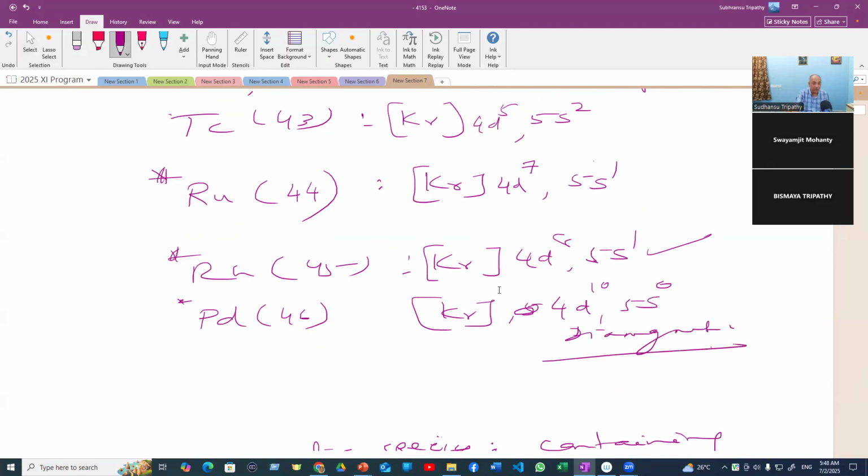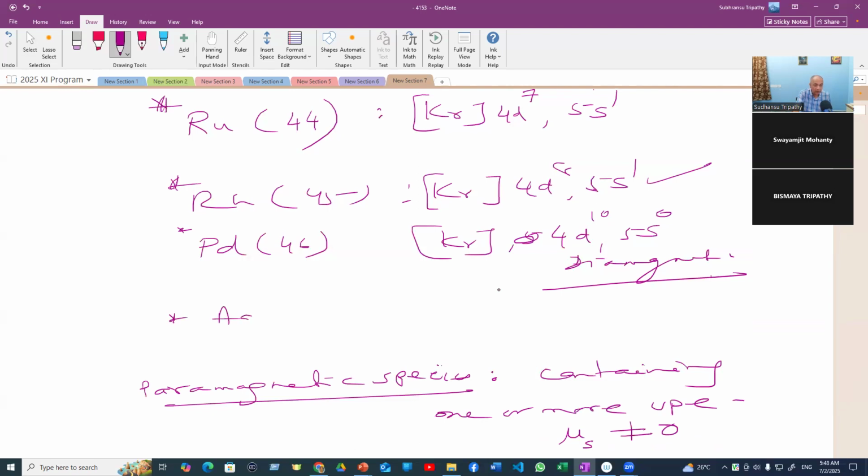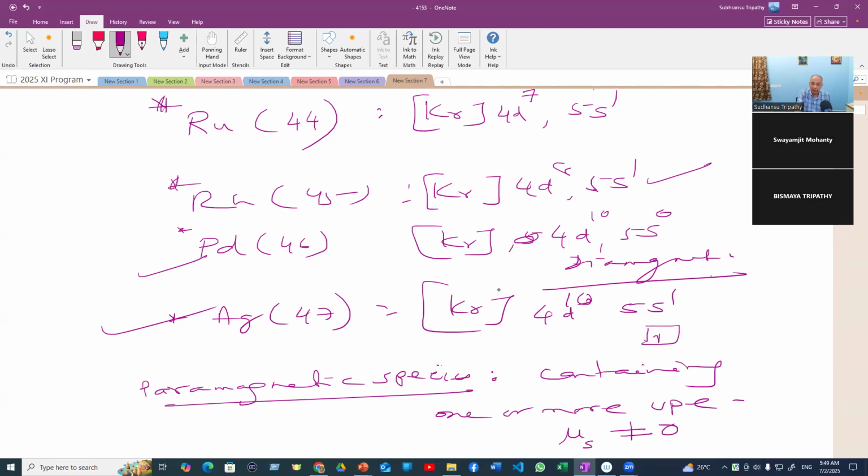And then comes silver. Silver, as usual, like copper, will be 5s1, 4d10. 4d10 is common for palladium and silver, but the difference is silver carries 5s1. One unpaired electron is there in silver. So silver gives only one state easily, Ag+.